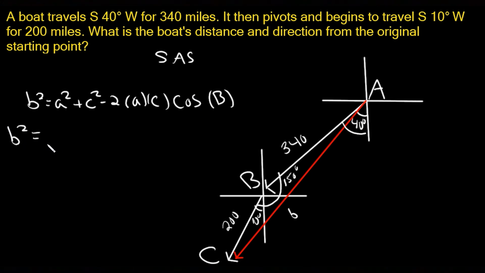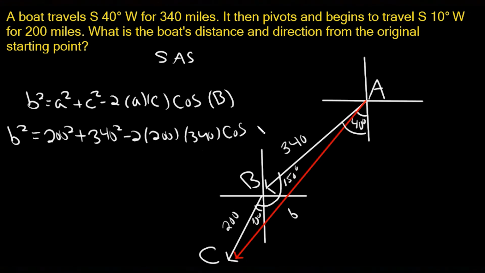Well, for me, that is 200. So 200 squared plus, what's C? That's 340. So 340 squared minus 2 times 200 times 340 times cosine of angle B, which is 150.